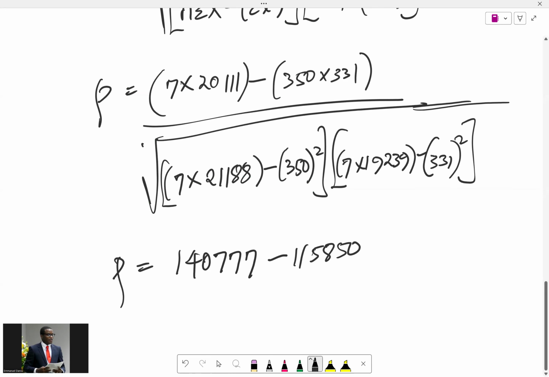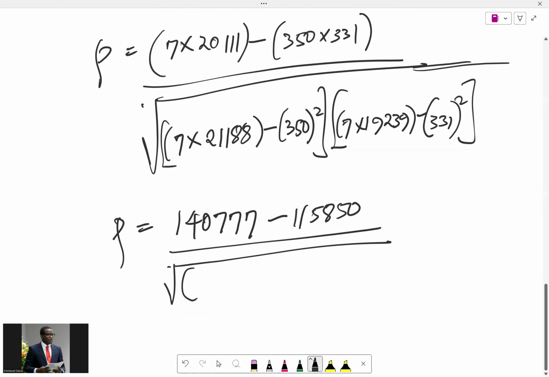Then we have the square root of 7 times 21188. That is 148,316, minus 350 squared, 350 raised to power 2.